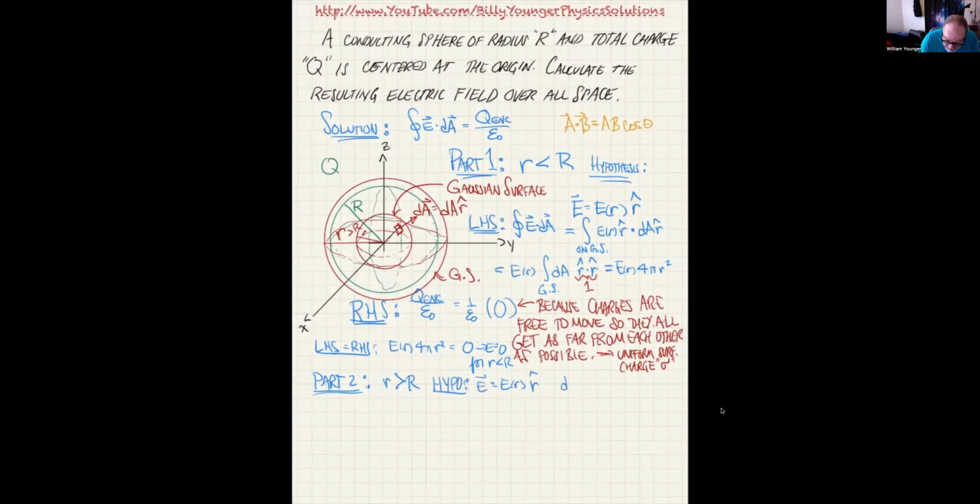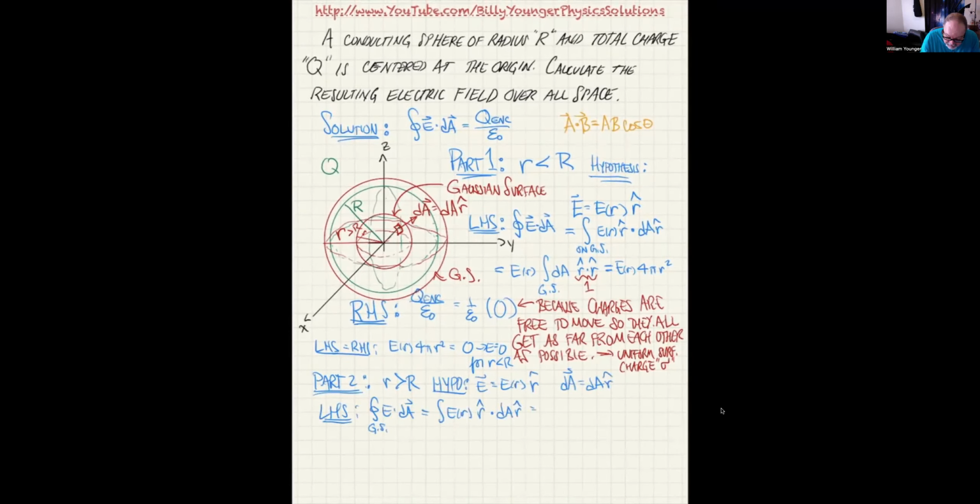The dA is going to be exactly the same thing. So the left-hand side is going to be the closed integral of E dot dA over, again, the Gaussian surface, which is going to equal the integral of E of R R hat dot dA R hat.